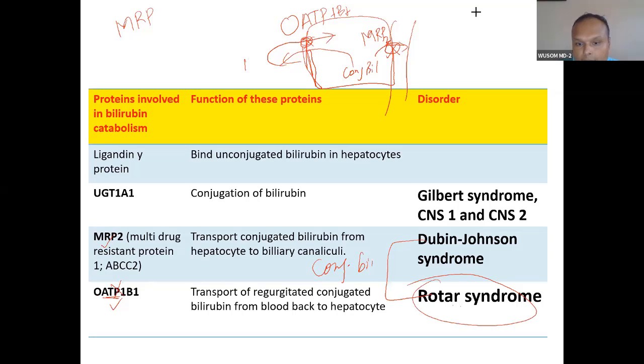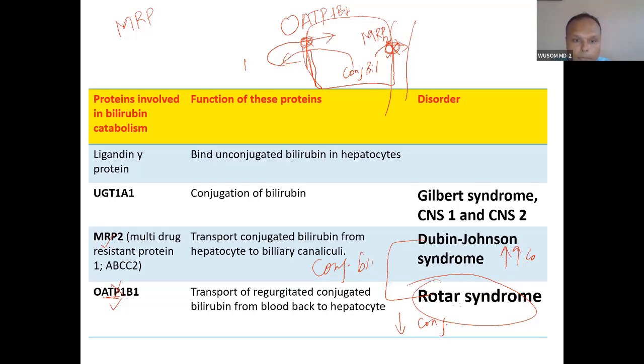Rotor syndrome will be less severe, because only a few of them regurgitate back, and it has less conjugated bilirubin. Dubin-Johnson has a very high amount of conjugated bilirubin because the pathway of excretion is completely blocked here, and that is why Dubin-Johnson will have more conjugated bilirubin.